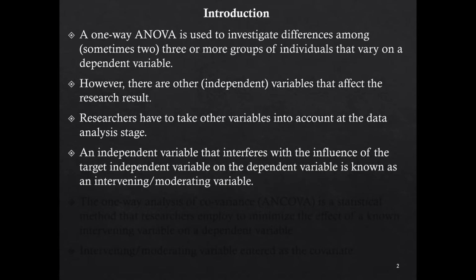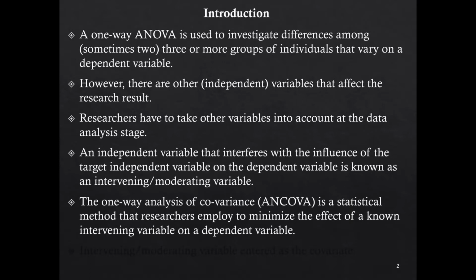An independent variable that interferes with the influence of the target independent variable on the dependent variable is known as an intervening or moderating variable. The one-way analysis of covariance, or Ancova, is a statistical method that researchers employ to minimize the effect of a known intervening variable on a dependent variable.